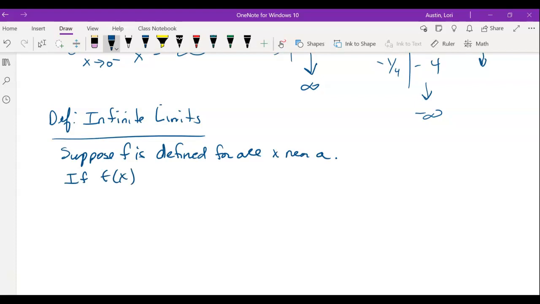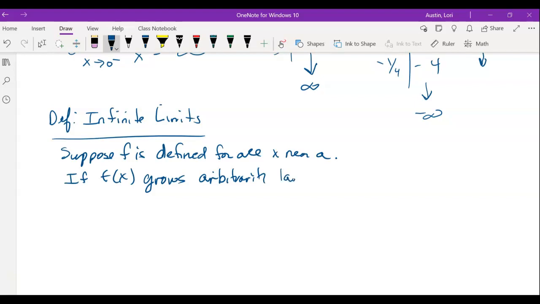If f of x grows arbitrarily large for all x, arbitrarily, that is the word. Again, it's all written out, if you don't like my writing.